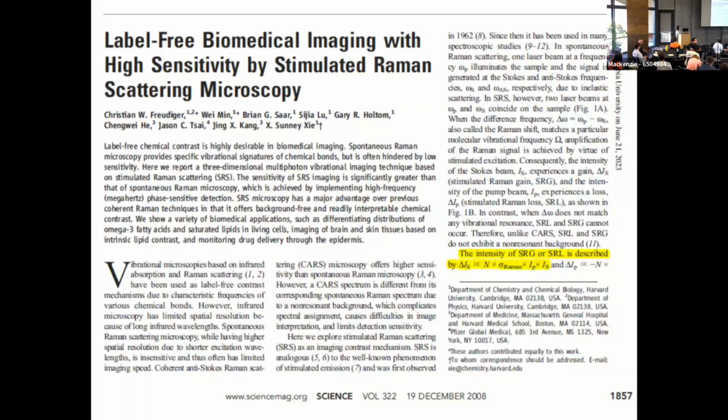So in this very first SRS microscopy paper, when quantifying the SRS signal, you can see here Wei was framing the discussion from a more nonlinear spectroscopy perspective, where he would role the signal intensity as being proportional to the molecular concentration, the Raman cross-section, and the intensity of the pump and Stokes beams.